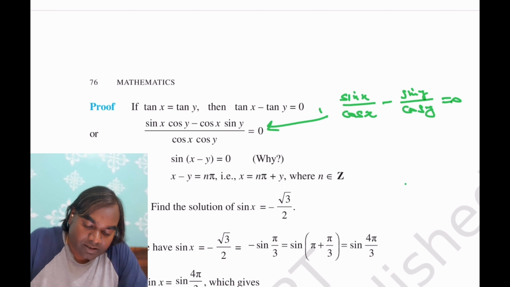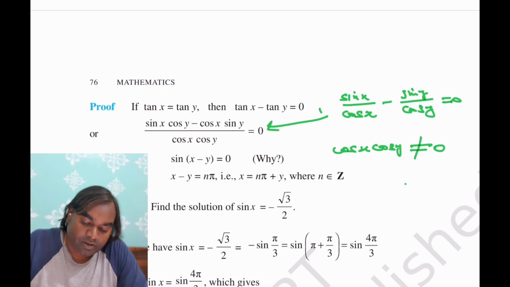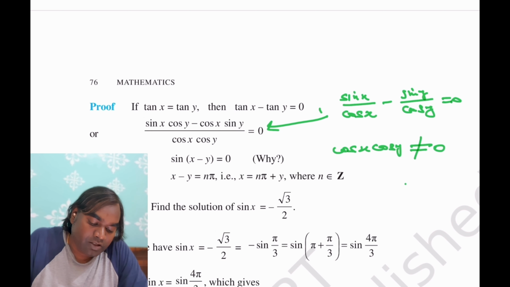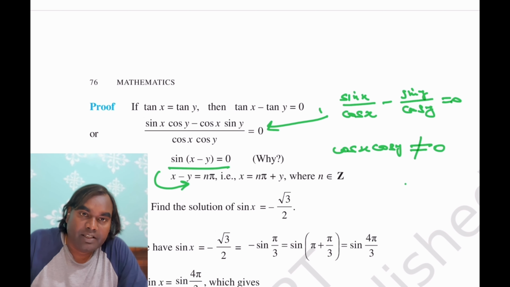Because cos x into cos y can't be 0. That means sin(x minus y) is equal to 0, which implies that x minus y is equal to n pi, that is x is equal to n pi plus y. So we proved that tan x is equal to tan y only when x is equal to n pi plus y.